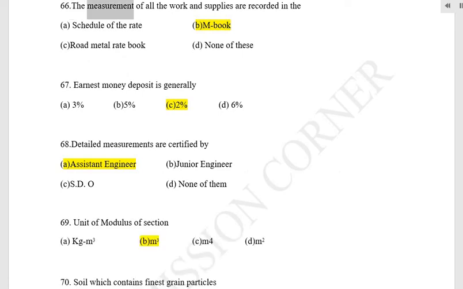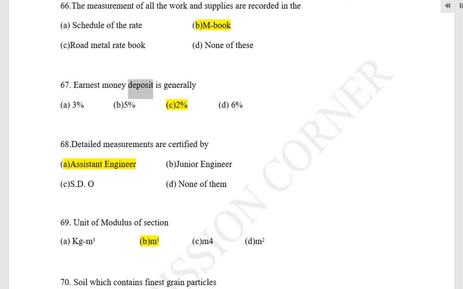66. The measurement of all the work and supplies are recorded in the: A. Schedule of the rate, B. M book, C. Road metal rate book, D. None of these. 67.